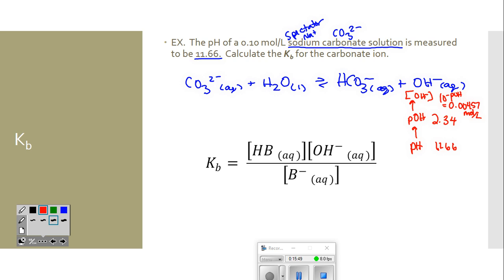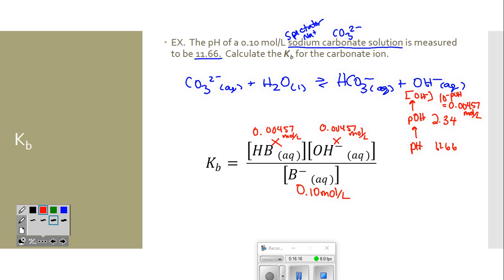Now, I said before that these two could both be x. So this 0.00457 could fill in both of those places in my Kb calculation. Down here, my base, it said, was 0.1 moles per liter.